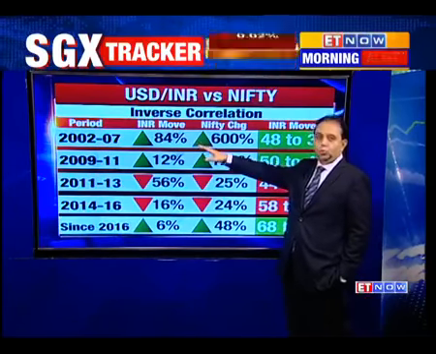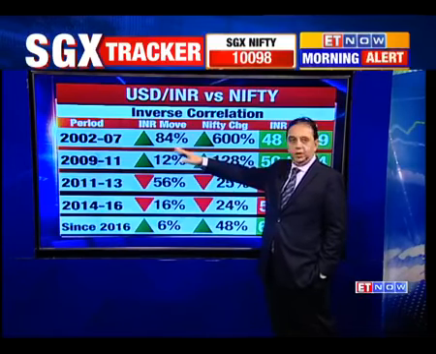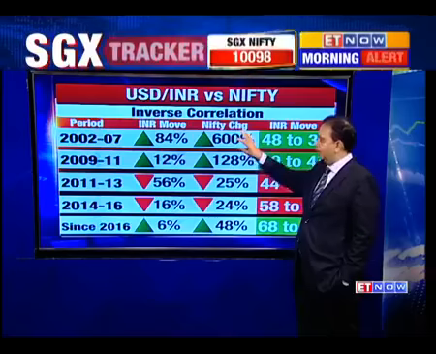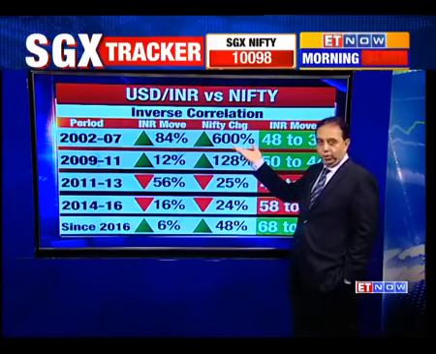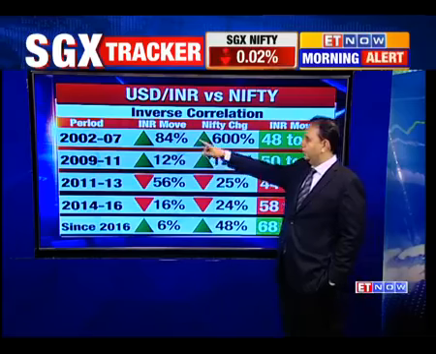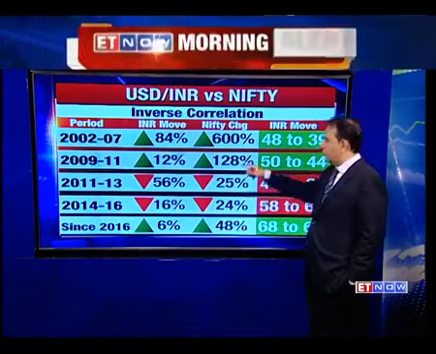See, 2002-2007 was our big bull market, where the INR actually moved up about 84%, and we had this humongous bull market. So the Nifty gain, largely owing to a base effect, went up about 600%. So you can see wherever the INR has actually gained, right, we have a strong movement in the Nifty.